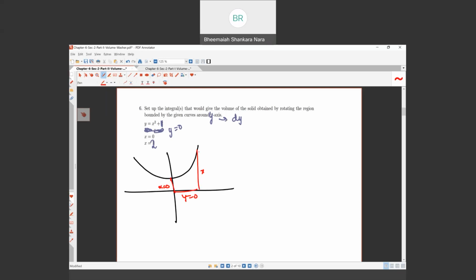This point of intersection between the curve and this line is 2, 5. So you have a horizontal line at 5. And say this will be 1 unit. So this height will be 1 unit. Let's do some shaded region.